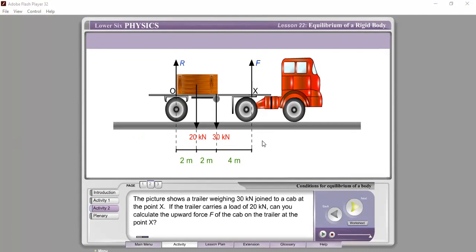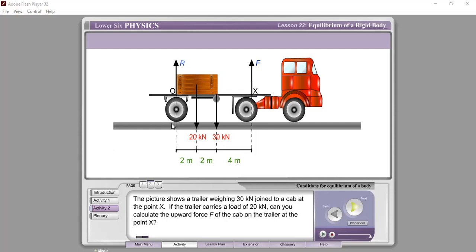The diagram shows a trailer weighing 30 kilonewton, joined to a cab at the point X. The trailer carries a load of 20 kilonewton.